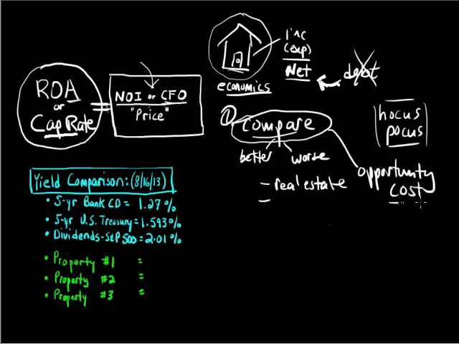Because if you invest $100,000 in one investment at 5%, and then later on you found out I could have invested that money at 10%, you have an opportunity, a real cost of 5%. So this comparison helps you understand that cost. And that's a little bit of a digression there, but getting back to the main point, this formula.